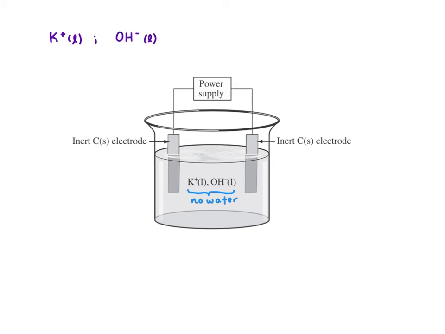We are going to assume that the liquid form will undergo the same reaction as the aqueous form. This may not be true in reality, but for our purposes, at the level we are, this is a fair assumption.